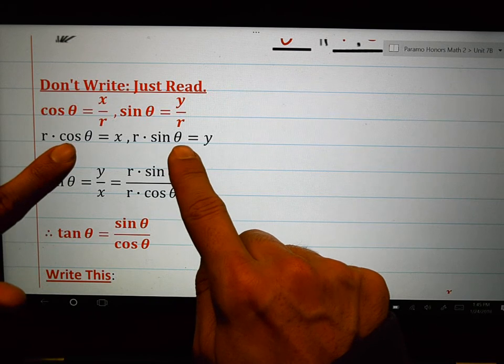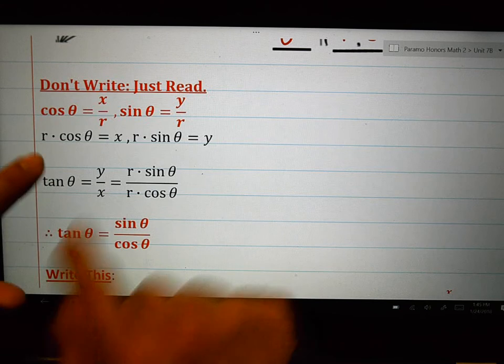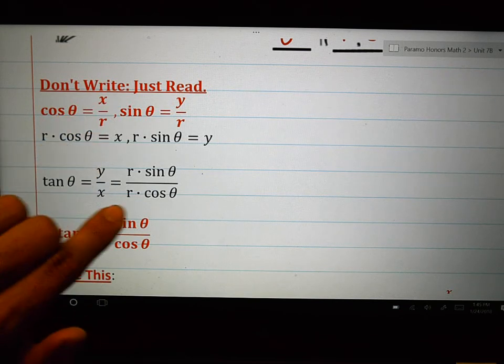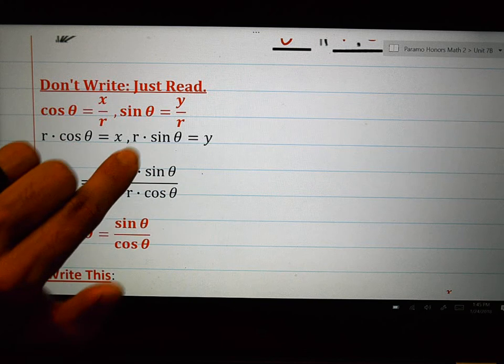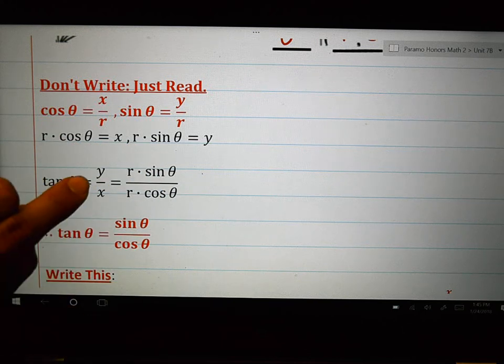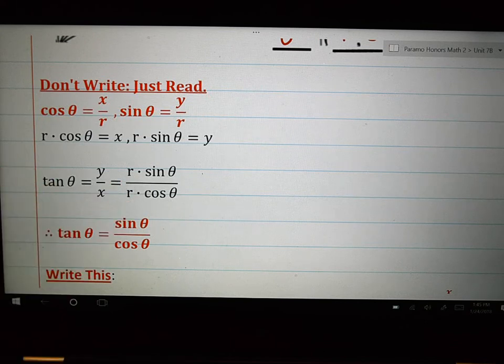Earlier, we said that the tangent of theta was equal to y over x. And right now, I just showed you that x is the same thing as r cosine theta. And y is the same thing as r sine theta, which means that the tangent of theta is y over x. It's also r sine theta over r cosine theta. Couldn't we then just do this?